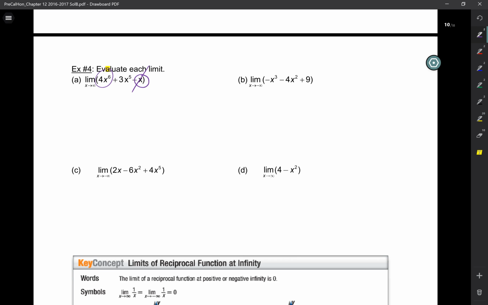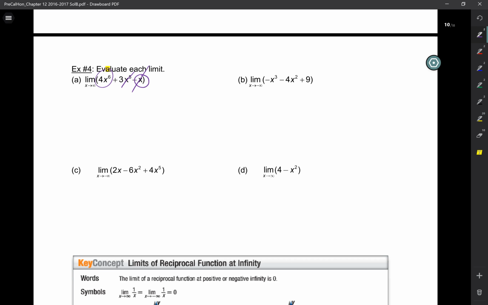Compared to infinity to the power of 6, if I have 1,000,000 to the power of 6, then 1,000,000 to the power of 5 is nothing, so you can totally ignore it. Because if 1,000,000 to the power of 6 has 36 zeros, 1,000,000 to the power of 5 only has 30 zeros. So it's 1,000,000 times less.